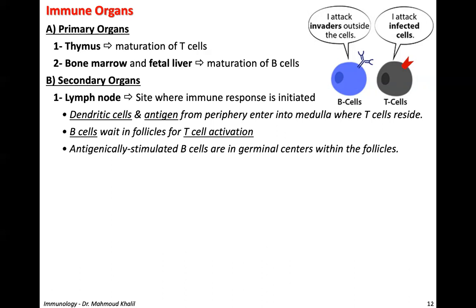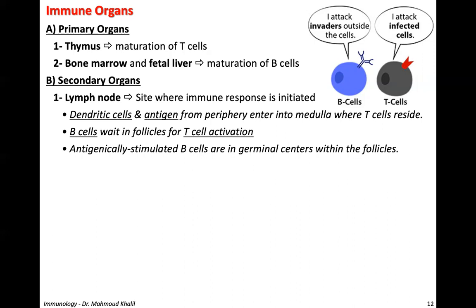For that to occur in the lymph node, you have a specific type of cell called dendritic cells. Once a dendritic cell meets an antigen from the peripheral circulation, it enters the medulla of the lymph node where T cells stay. The B cells can also wait in the follicle of the lymph node for T cell activation.